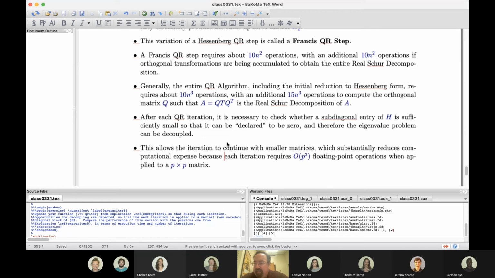And we still have some material to cover with eigenvalues because next week I will talk about the symmetric eigenvalue problem. So when the matrix A is symmetric, a number of simplifications can happen that we'd like to take advantage of to make the algorithm a whole lot faster.